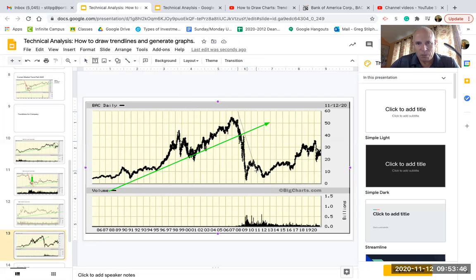Down she comes, right there. New trend. It's a downtrend. It's quite a significant drop because that was the financial crisis of 2009, where the banks almost all went out of business. So there's a downtrend.